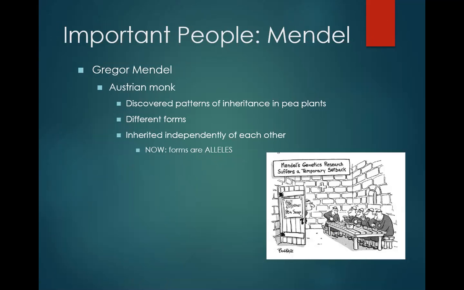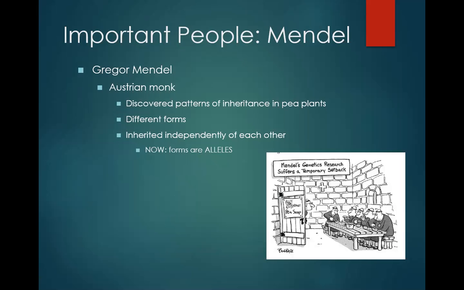If we look at the history of genetics, we've been using genetics for a long time. We've been using it to do selective breeding, but nobody really understood what genetics was and how it worked before Gregor Mendel. Gregor Mendel comes up in the 1860s, though his work was not that well understood or publicized until the 1900s.